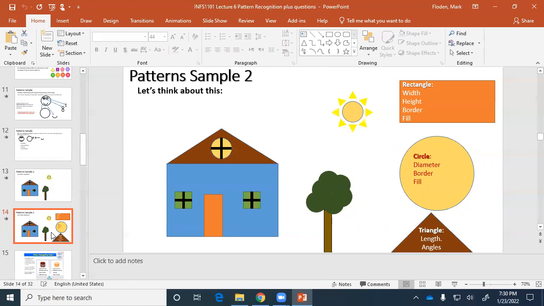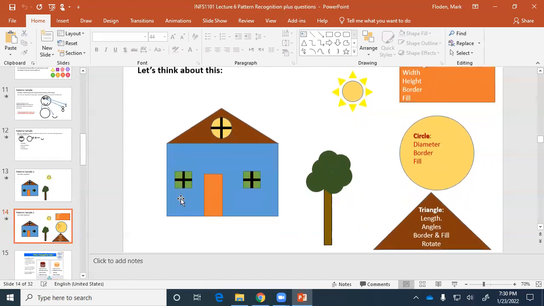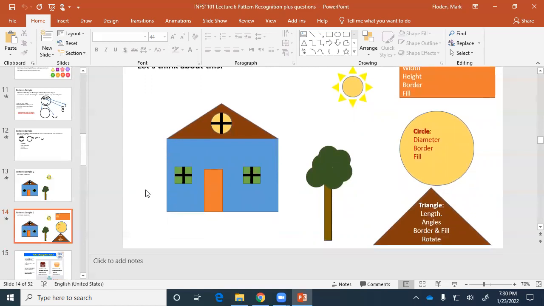Likewise for the circle, likewise for the triangle. For the triangle, there's one extra thing that's sort of hidden: a rotate, because these triangles are all oriented differently.